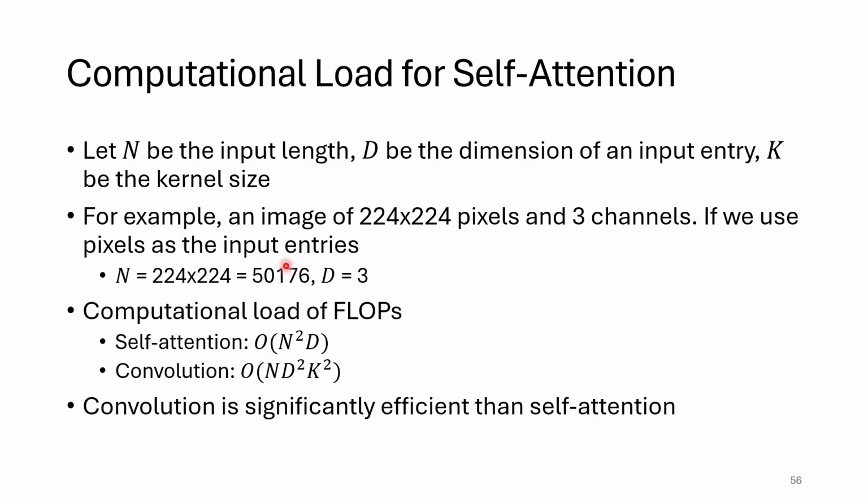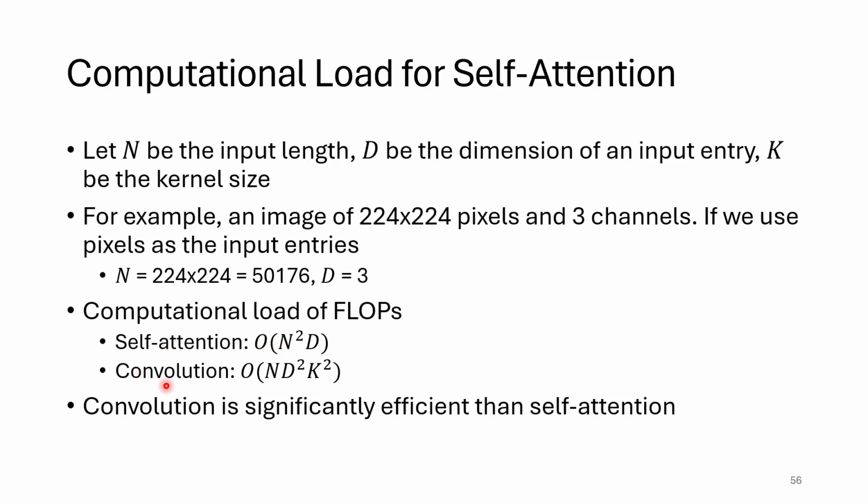There will be 50k tokens, and the depth of each token is 3 elements. The computational load for self-attention is n squared times d. It is very, very huge because now we have a very large n.